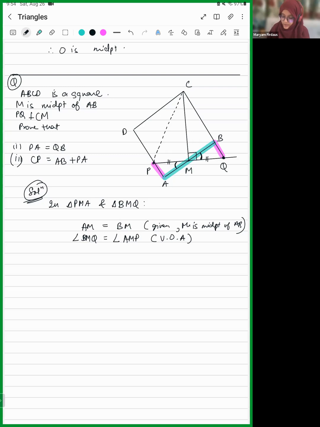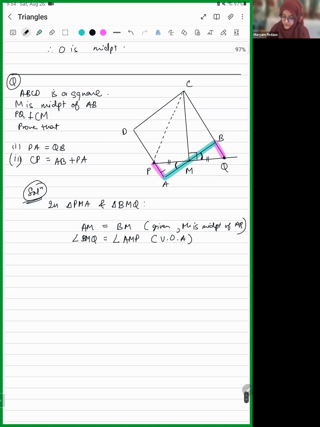Angle A, you mean this angle? Yeah, this angle equals this angle. How? Alternate angles. Okay, the thing is, you just now said that we have to prove that something is a straight line. It's nowhere given in the question that CQ is a straight line.